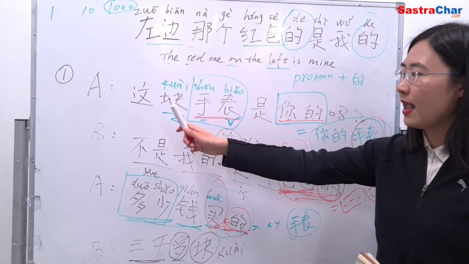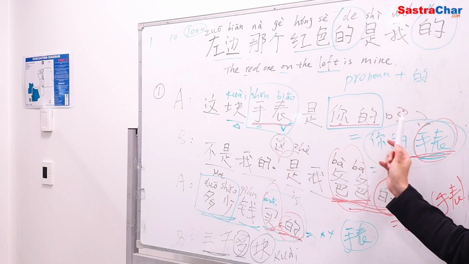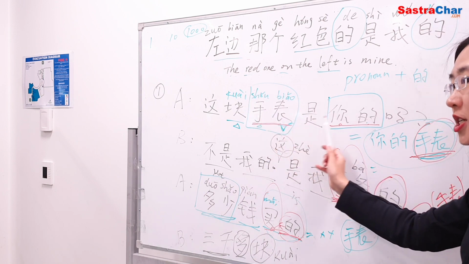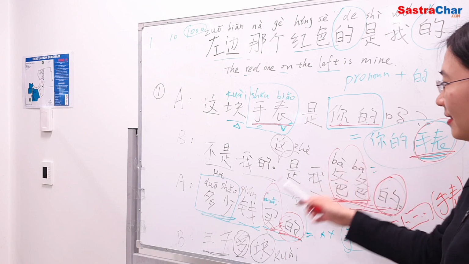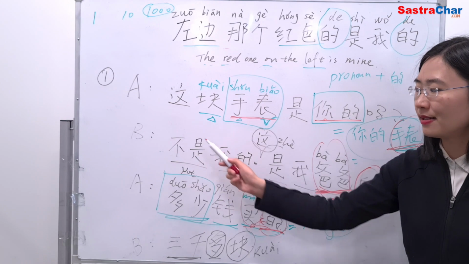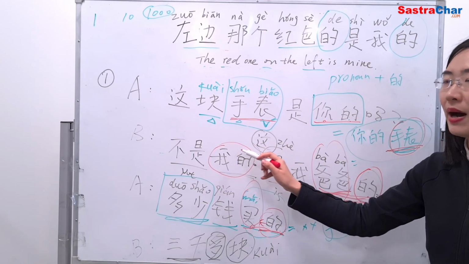Okay. Good. 这块手表是你的吗? Is this watch yours? 不是我的. Not mine. Okay, so here 我的 actually also means my watch.